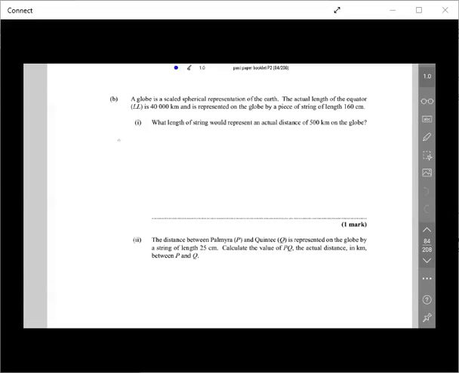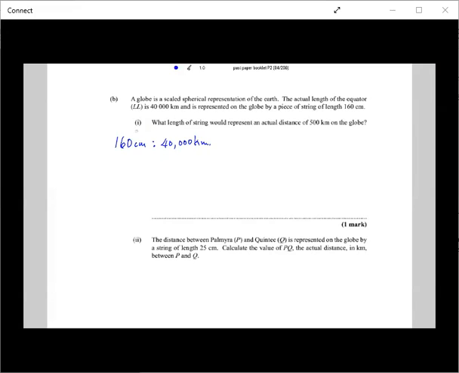So 160 centimeters is representing 40,000 kilometers. It says, what length of string would represent an actual distance of 500 kilometers?